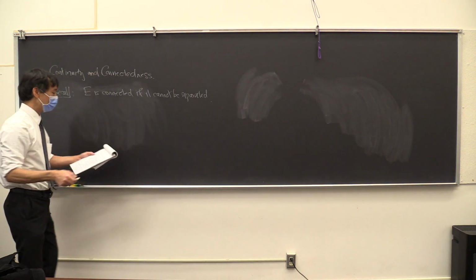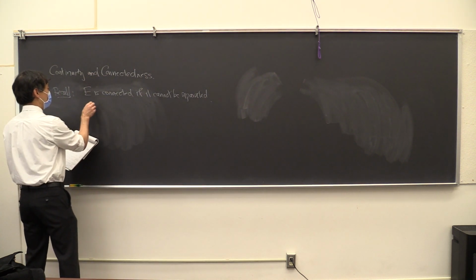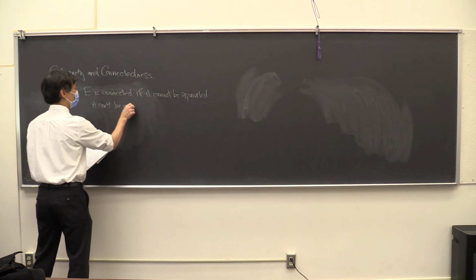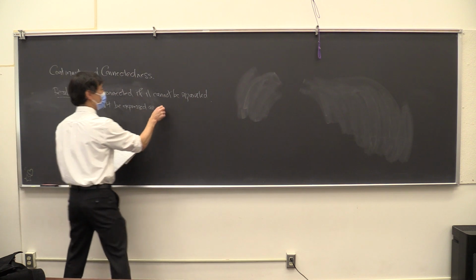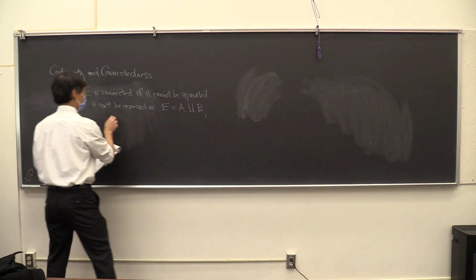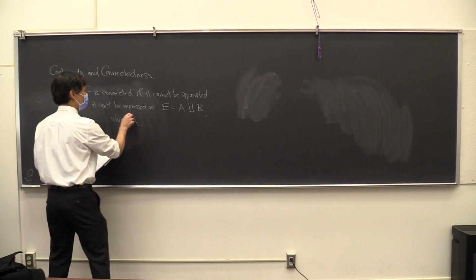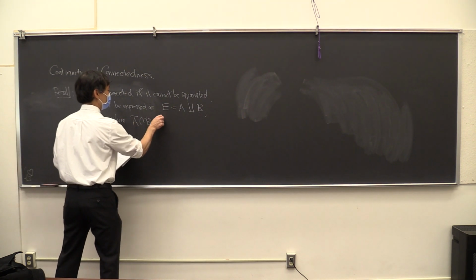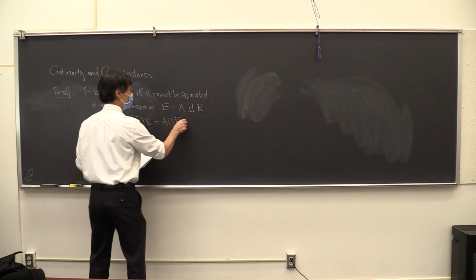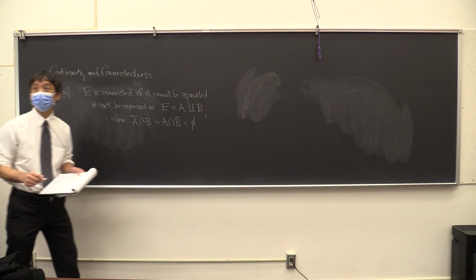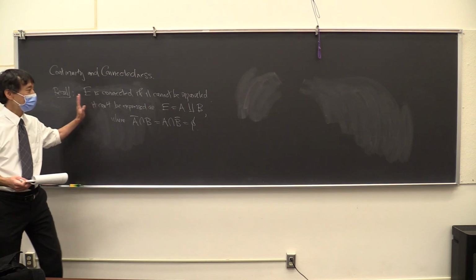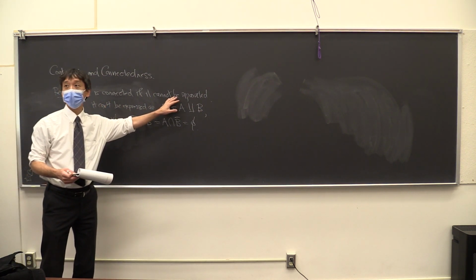It can't be expressed as some disjoint union A union B where the intersection of A with B closure and the intersection of A closure with B are both empty. That's what connected means. It can't be expressed as a separation.